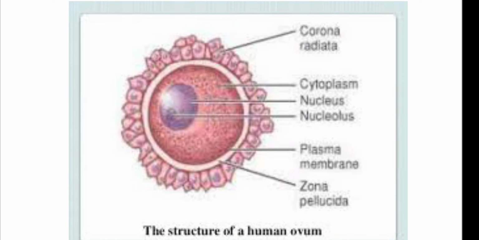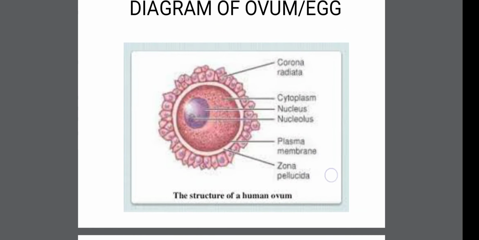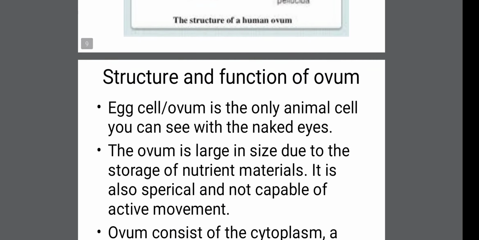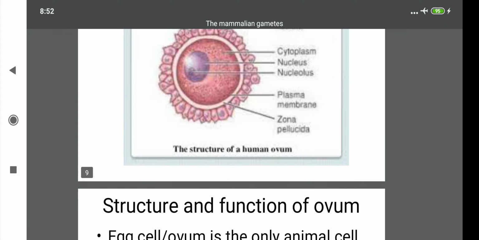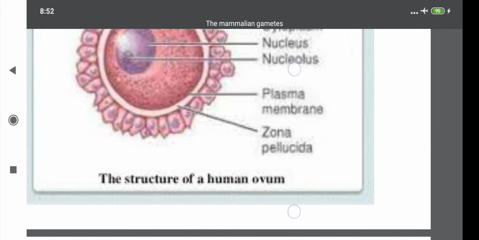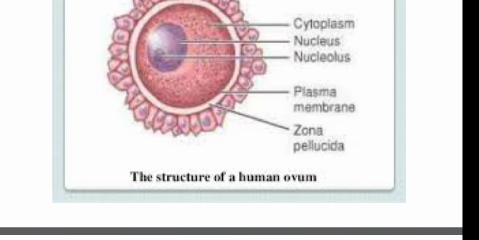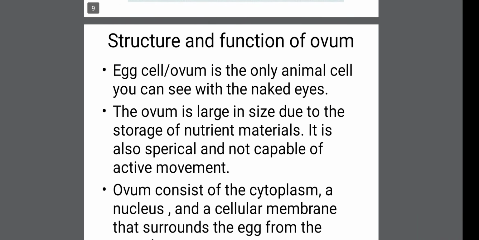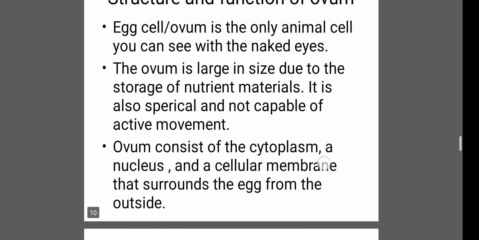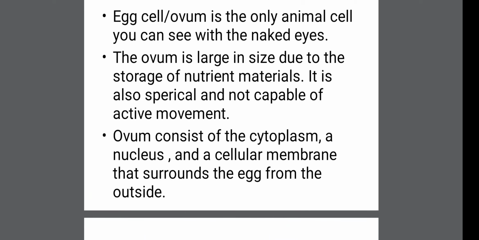Cytoplasm, nucleus, plasma membrane, zona pellucida. Inside this zona pellucida, you also have the vitelline membrane. Structure and function of the ovum. The egg cell or ovum is the only animal cell you can see with naked eyes. The ovum is large in size due to the storage of nutrient material.